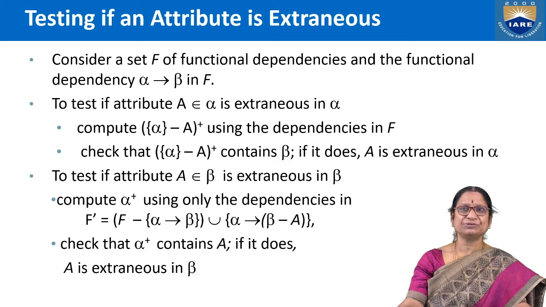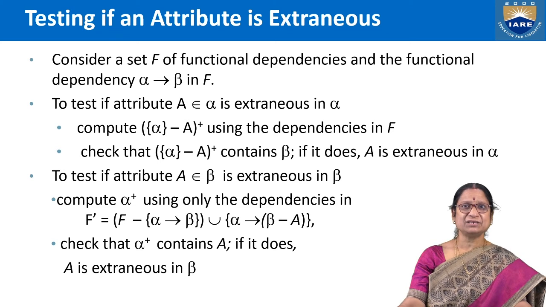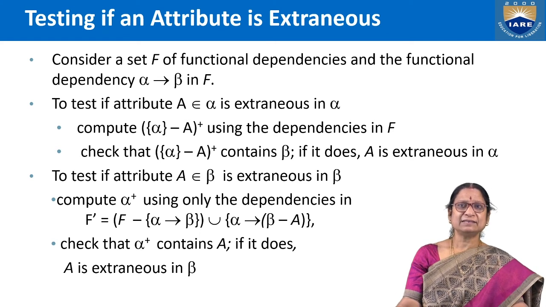Alpha is a set of attributes. If you want to test whether A is extraneous, alpha minus A closure must be computed, and if this closure contains beta, then A is extraneous.